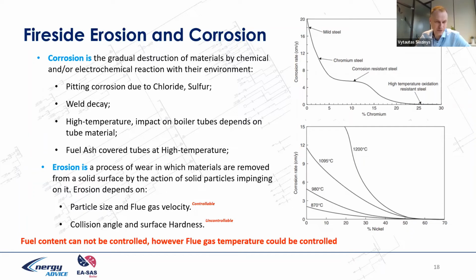It depends on tube material, also the speed, and fuel ash covering tubes at high temperature. Here we can see that corrosion rate highly depends on the temperature and on the material. For example, if we add a higher nickel percentage to the steel pipe, we would have higher corrosion at lower temperature, or vice versa.